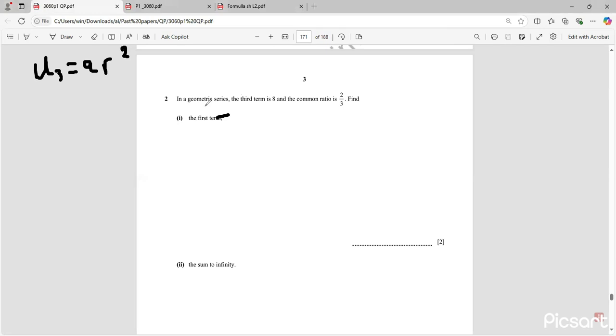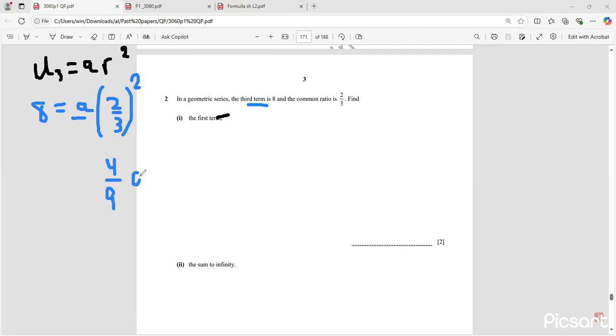He's asking about the geometric series. The third term is 8, so 8 will be equal to this, and the common ratio is 2/3. So (2/3) squared multiplied by a, where a is the first term.